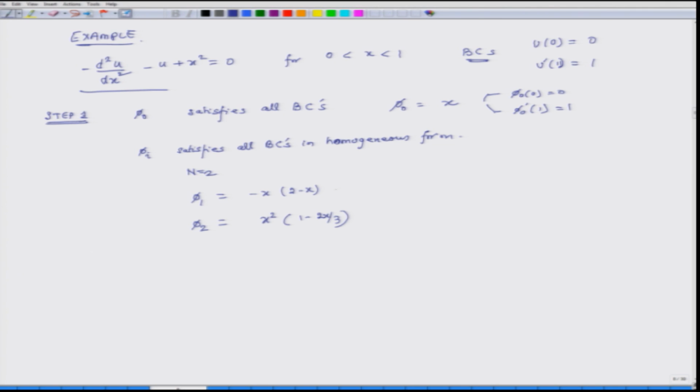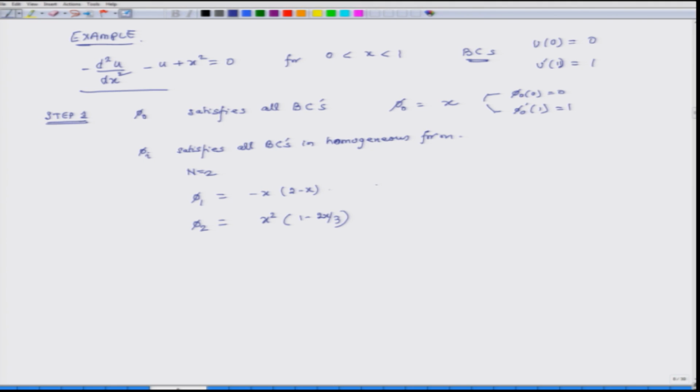So let us see, phi 1 at x equal to 0 is 0, it satisfies that boundary condition. Then phi 1's first differential is minus 2 plus 2x, and that is equal to 0 at the other end.